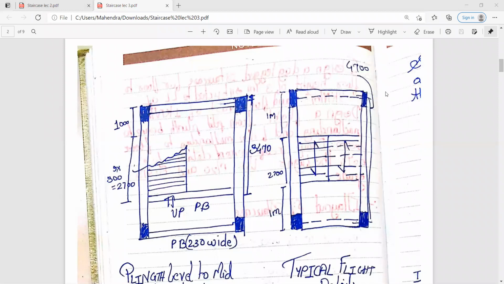How you will calculate this distance? Can anybody let me know? ये L effective 2 कैसे आया? 4700. Yes, anyone from you?